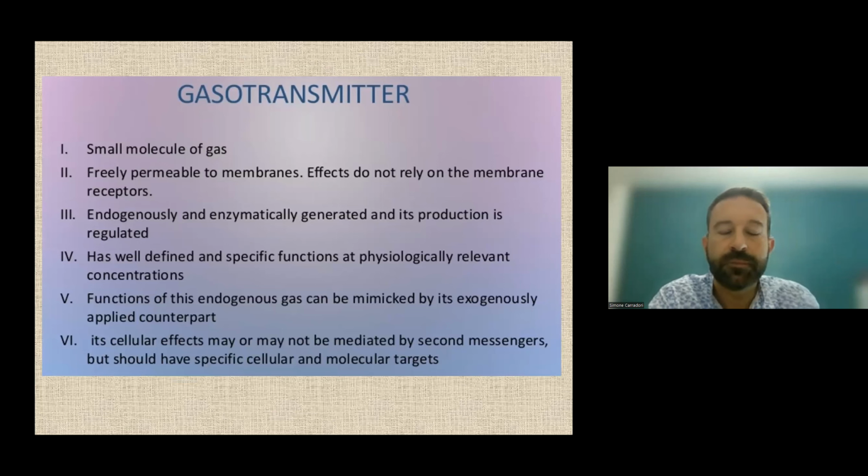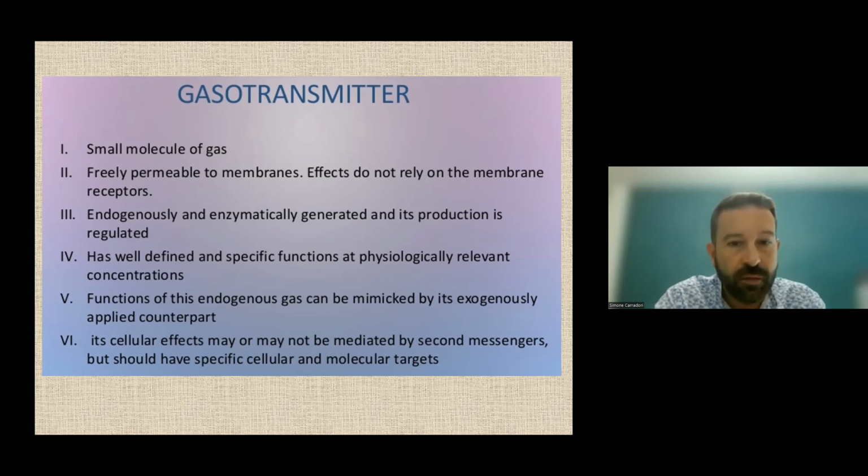In particular, as a general rule, gasotransmitters are defined as small molecules of gas, usually freely permeable to membranes, but whose effects are not directly linked to membrane receptors. They can be produced endogenously or enzymatically, and their production can be modulated by specific conditions.